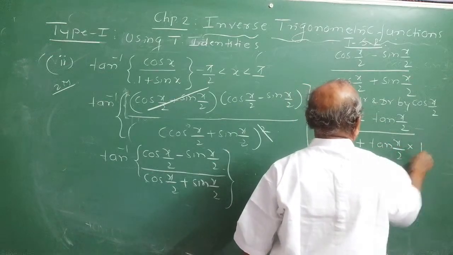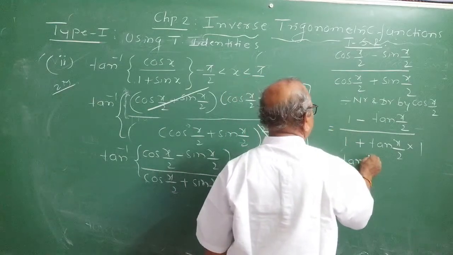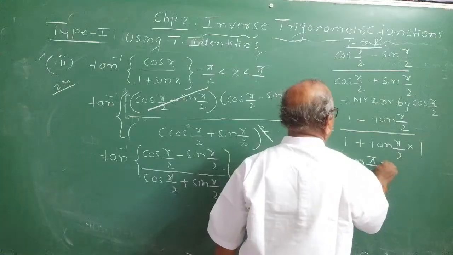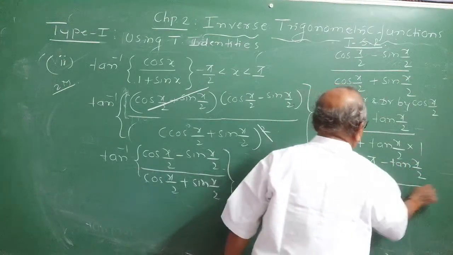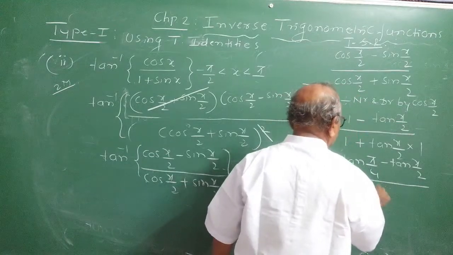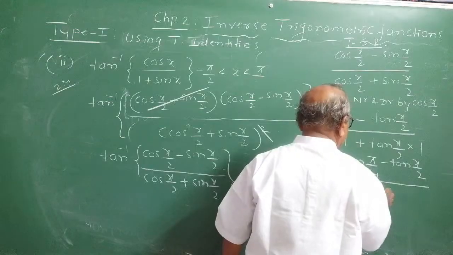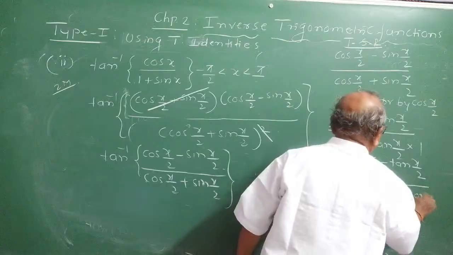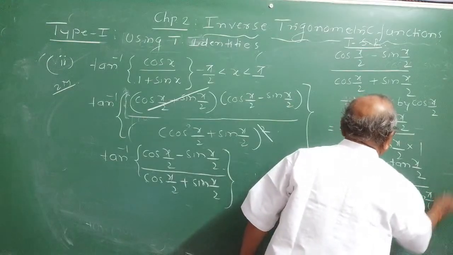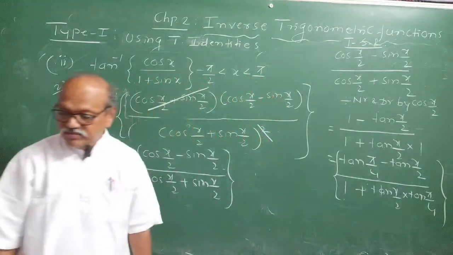Wherever there is 1, can I write tan pi by 4, 45 degrees? Tan pi by 4 minus tan x by 2 divided by 1 plus tan x by 2 into 1, which can be written as tan pi by 4. Observe this. Is it matching with any of the multiple angle formulas you studied?